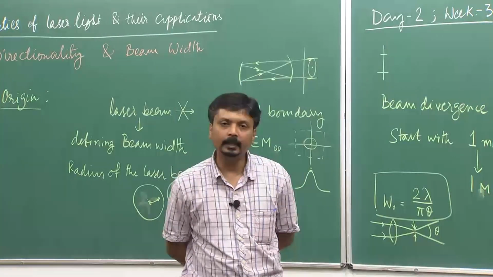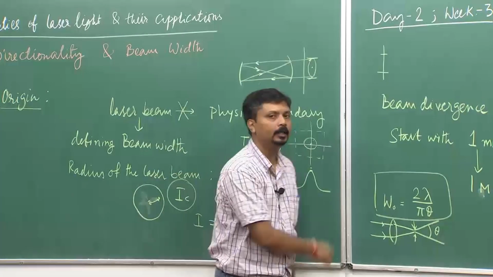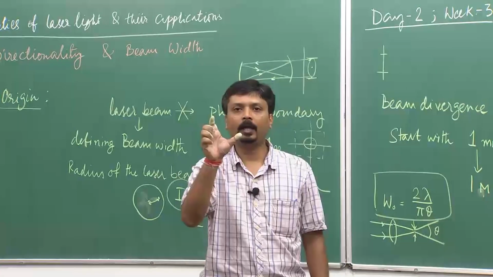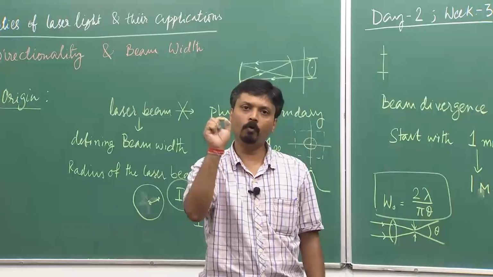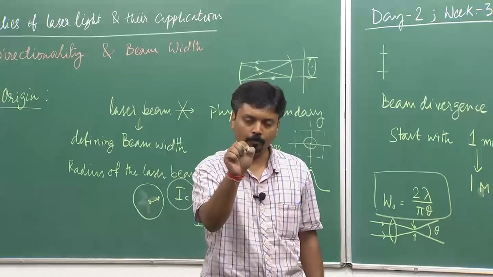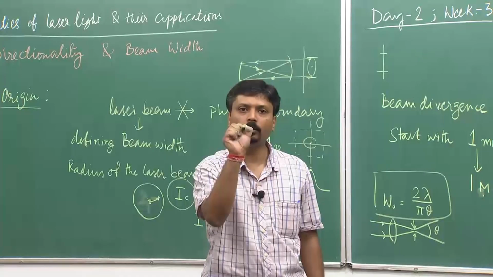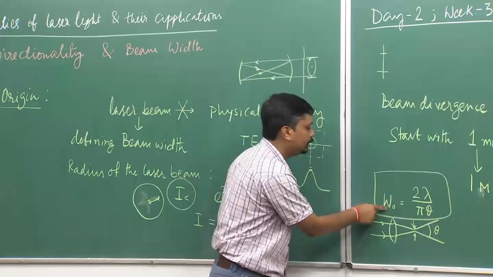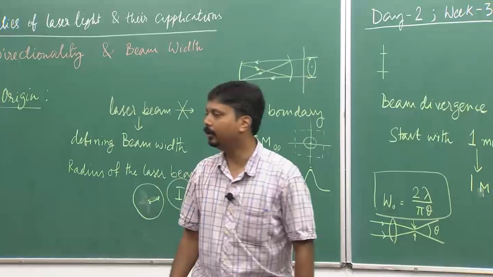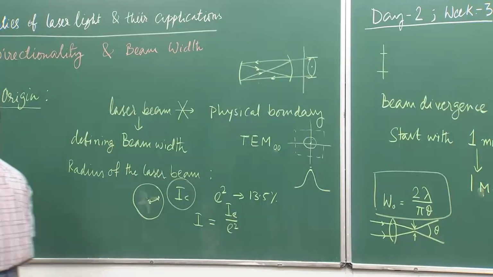There you can get that high intensity by focusing it. It is well understood that if you start with a large beam and then focus it, all the photons are falling on that particular small diameter, which is denoted by this. So there you find the application of these properties.